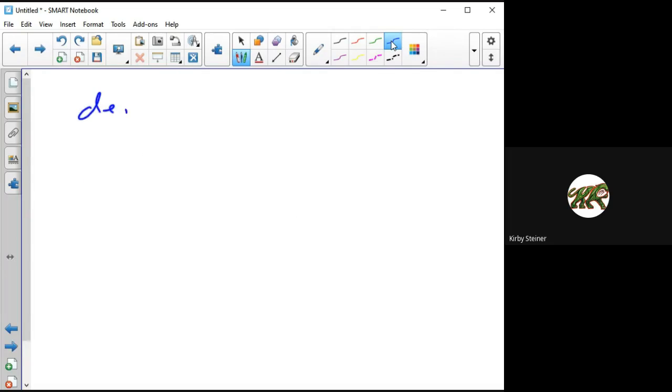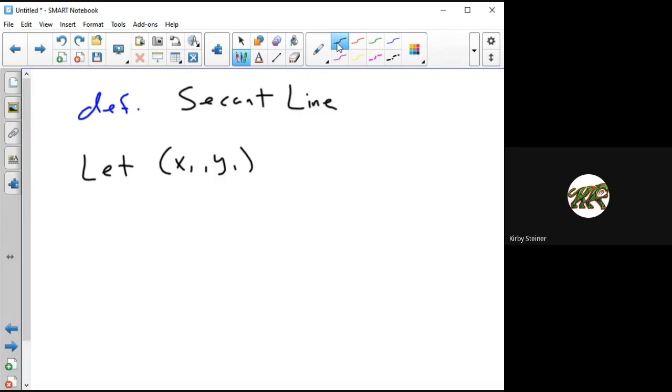So let's have a definition. Secant line. Let's say we have 2 points, (x1, y1) and (x2, y2).